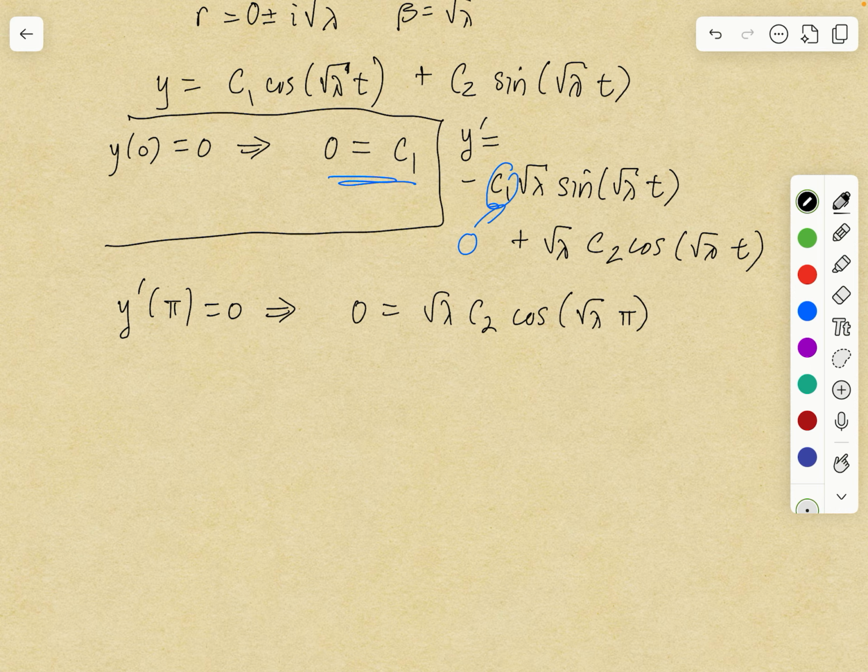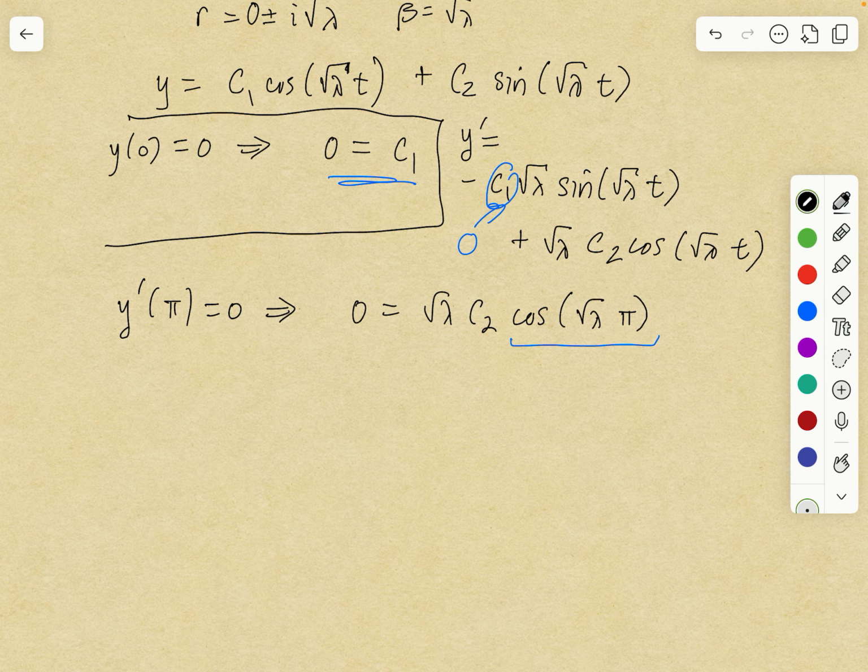Okay, so 0 equals the square root of lambda times c2 times cosine of root lambda pi. Well, does that imply that c2 has to be 0? Not necessarily. It could be that cosine of root lambda times pi is 0. If that is the case, then c2 doesn't have to be 0, and you don't necessarily get y as the constant function 0.